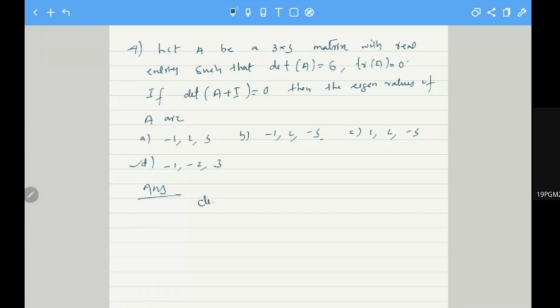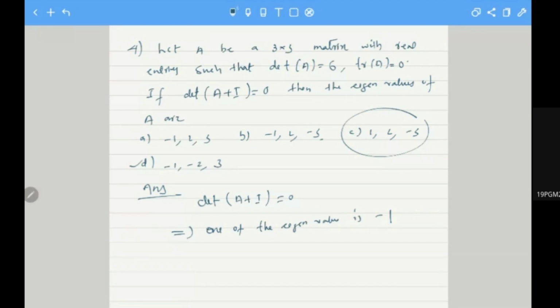This condition, determinant of A plus I equal to 0, will imply that one of the eigenvalues is -1, right? So either A or B or D. C is not going to be the case. That is clear.